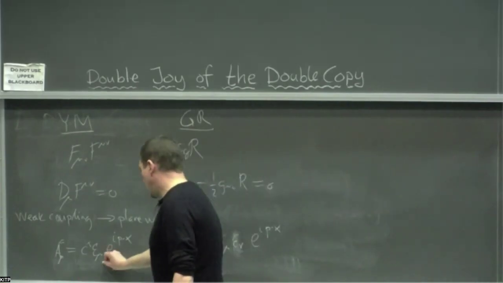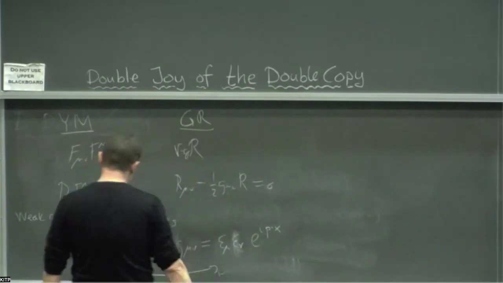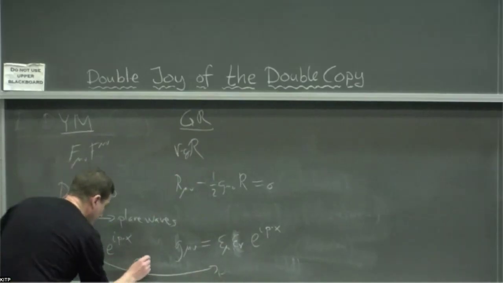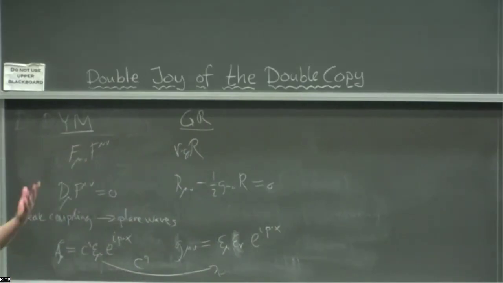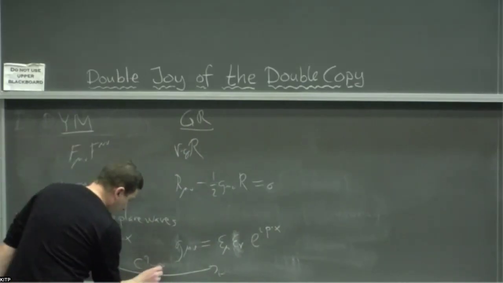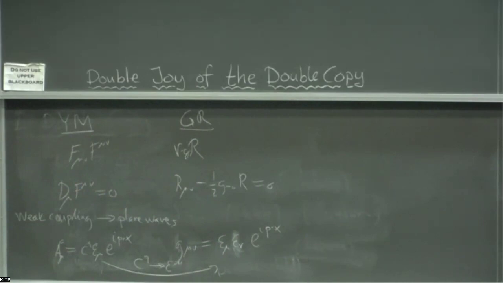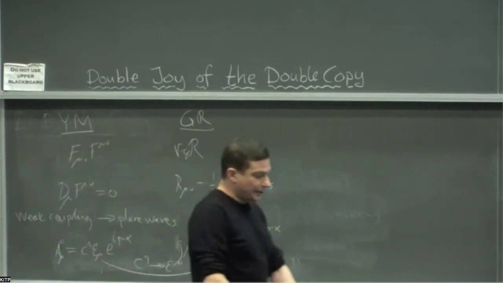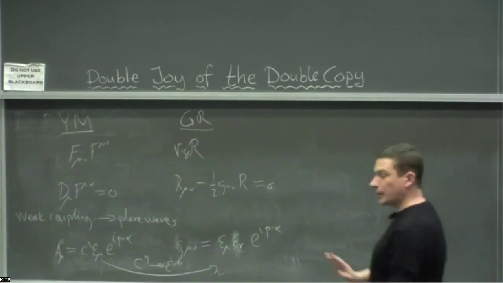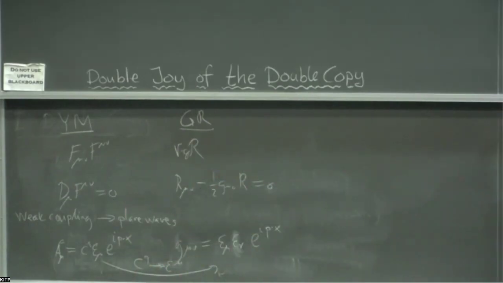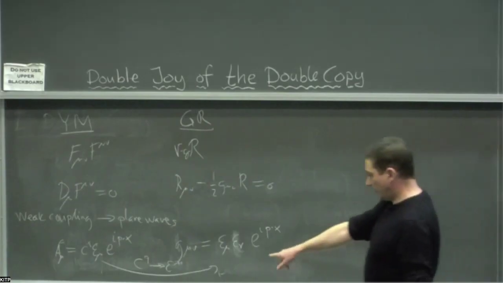But basically, there's an operation that takes me from the gauge theory solution to the gravity solution, and that's basically replacing the color factor, which is some vector in color space, by a vector in spacetime, which is the polarization. And that's the operation that takes me from there to there. Alternatively, you can just say that I'm throwing away the color and I'm doubling the polarization, so that's why it's called double copy. Sometimes people call it a square, but it's more appropriate to say a double copy.